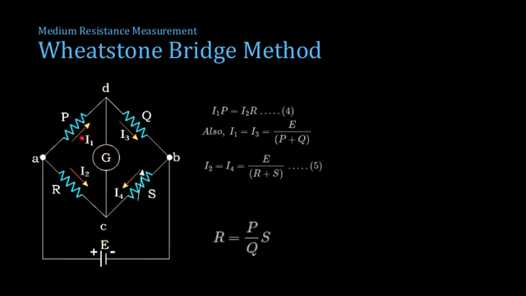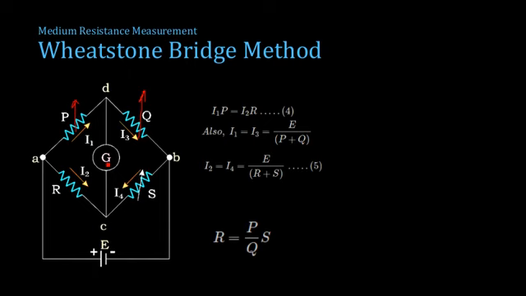P, Q and S can be adjusted to adjust the galvanometer reading. So we are trying to balance this bridge by bringing the galvanometer reading to 0, by adjusting P, Q or S.